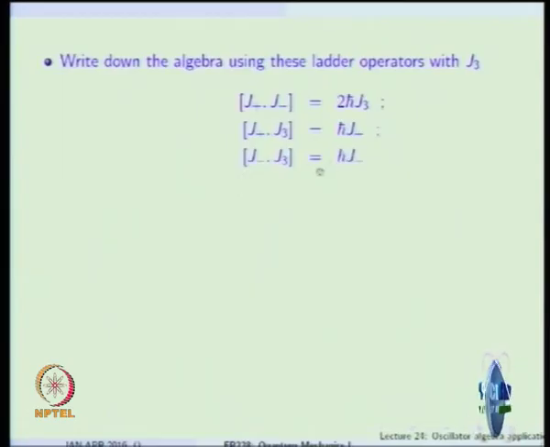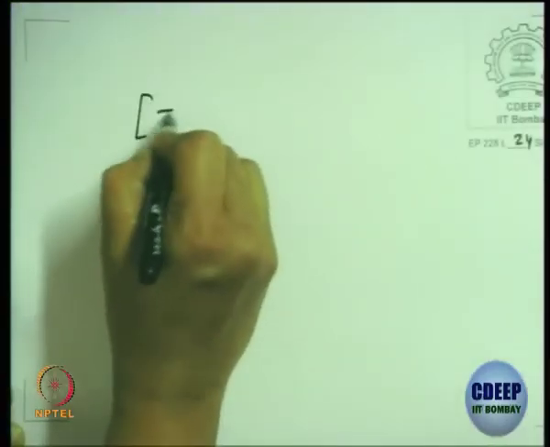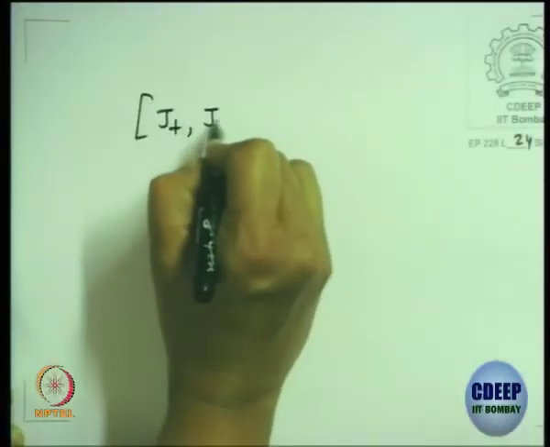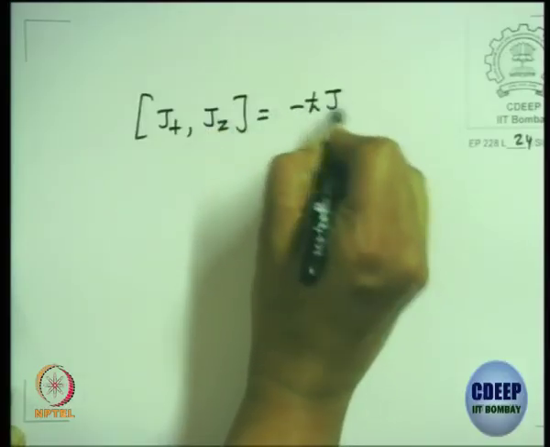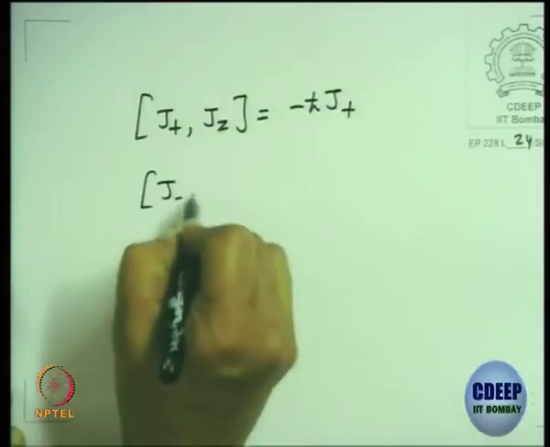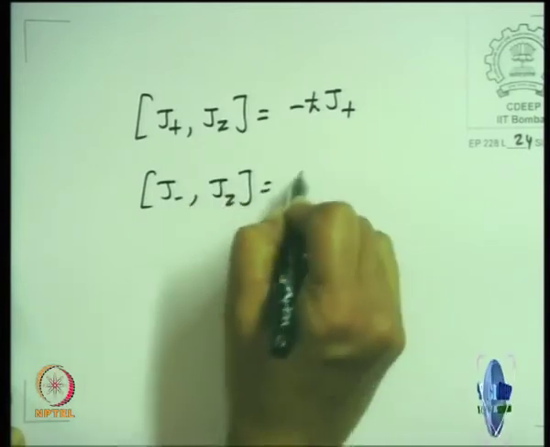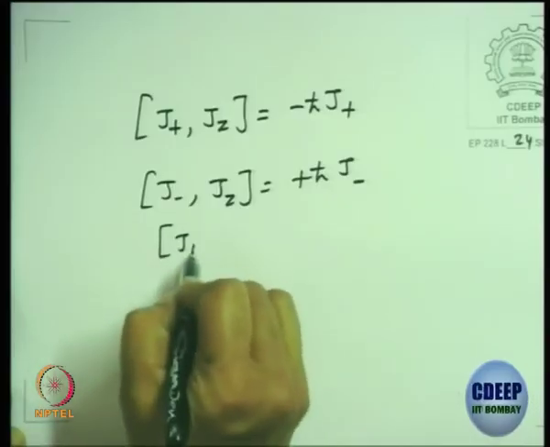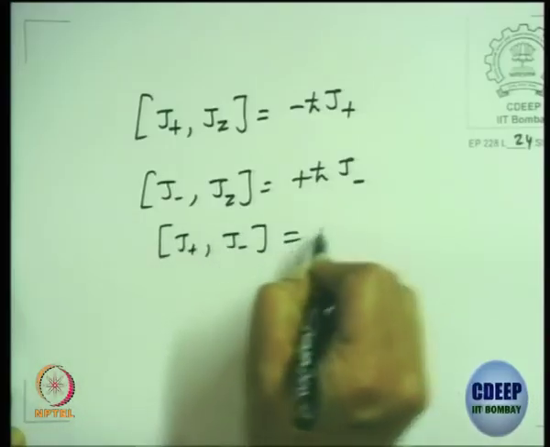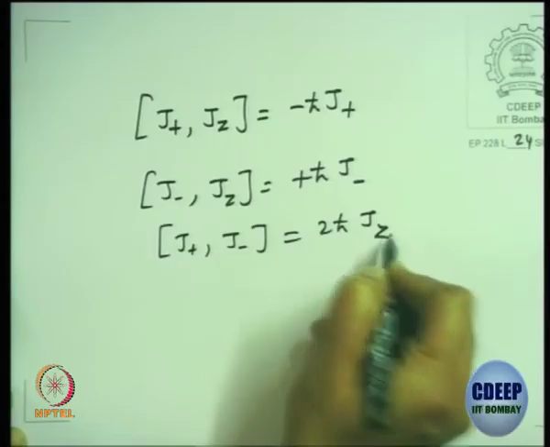Sorry, the third one is plus, the second one is minus. Okay, I will correct it. So J plus with J3 or Jz is minus H cross J plus, and J minus with Jz is plus H cross J minus, and J plus with J minus is twice H cross Jz.